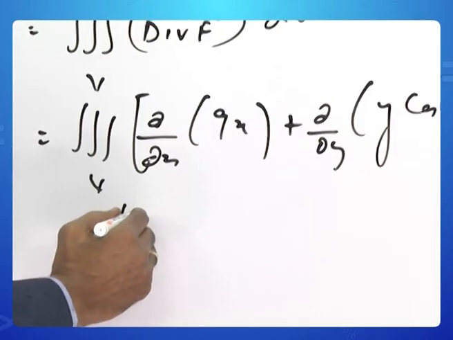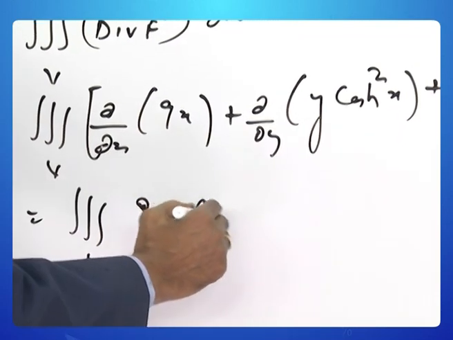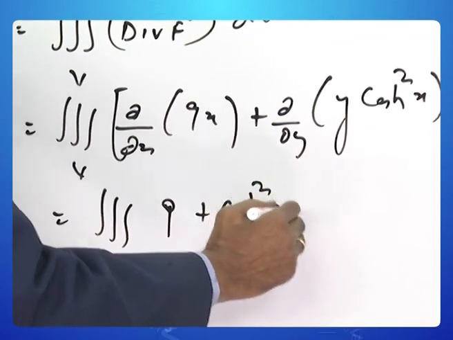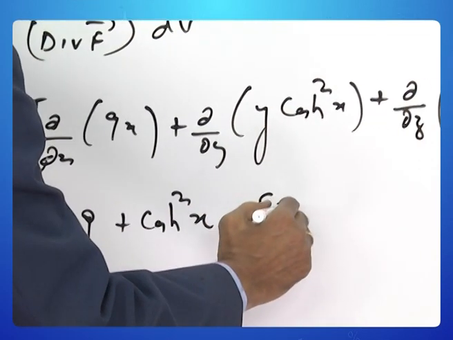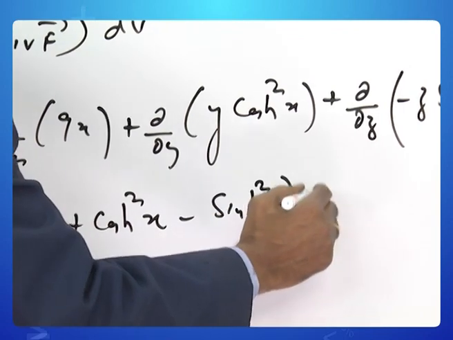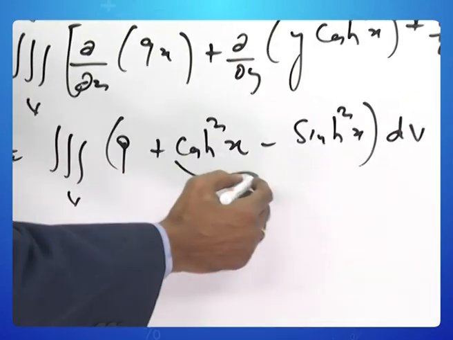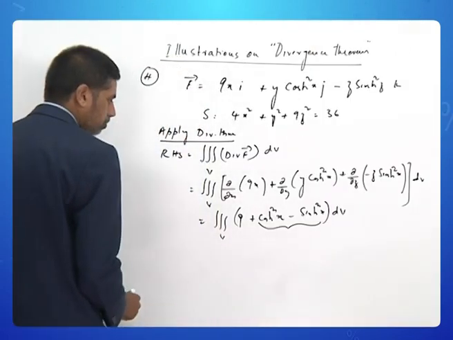So this would be the volume integral of 9 plus cos hyperbolic square x minus sin hyperbolic square x dV. But all of us know this is equal to 1.